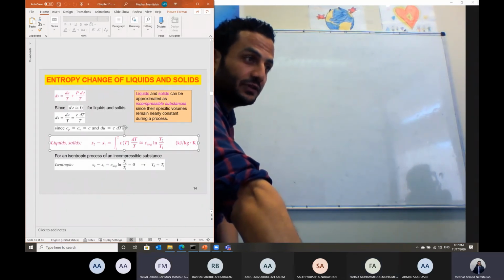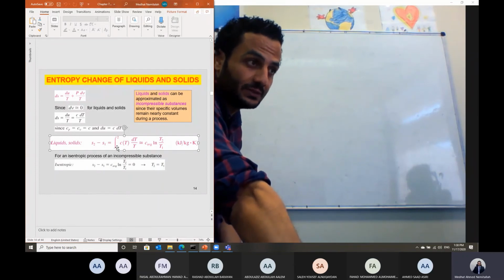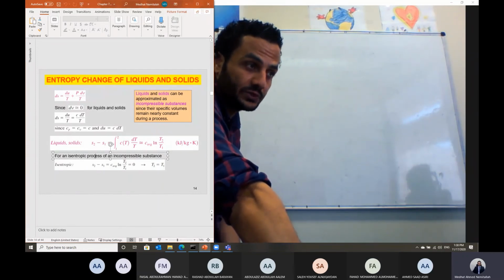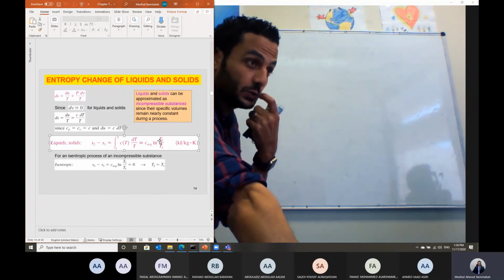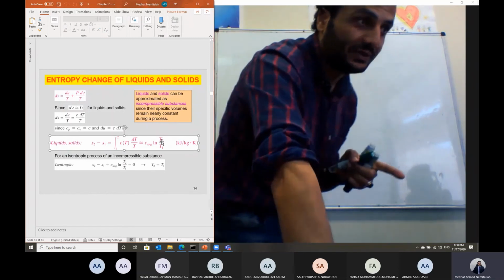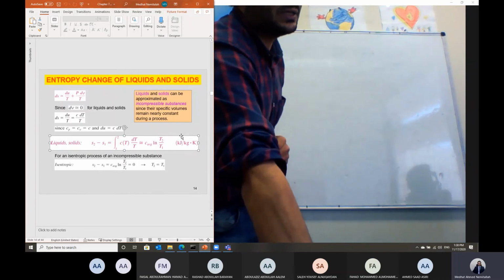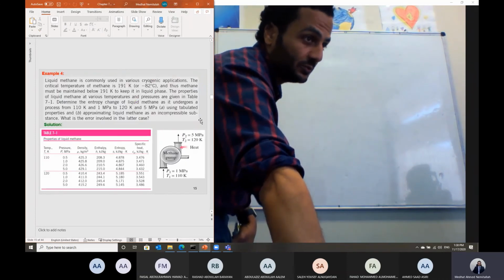So if we have an incompressible substance undergoing an isentropic, reversible process, that means this process is as well what? Isothermal. So the temperature should also be constant. So it is reversible, adiabatic, isentropic, and also isothermal if the substance is incompressible.